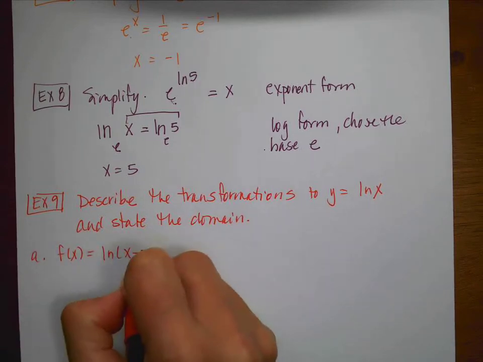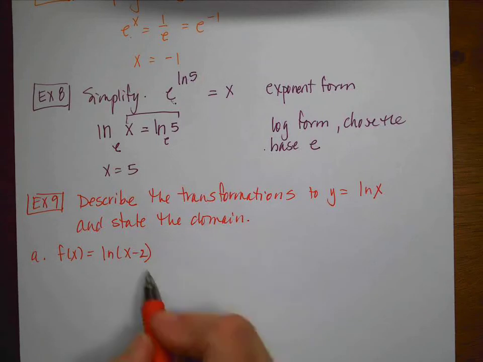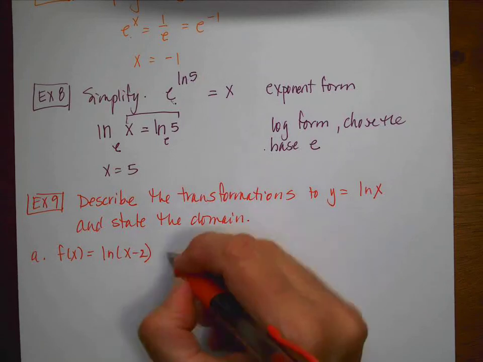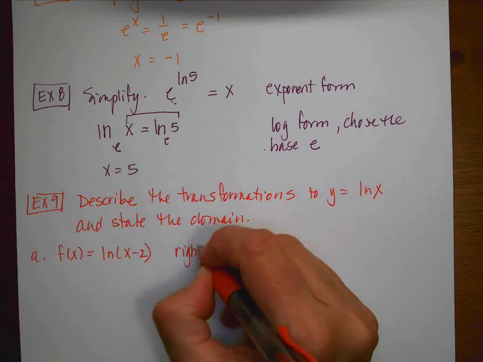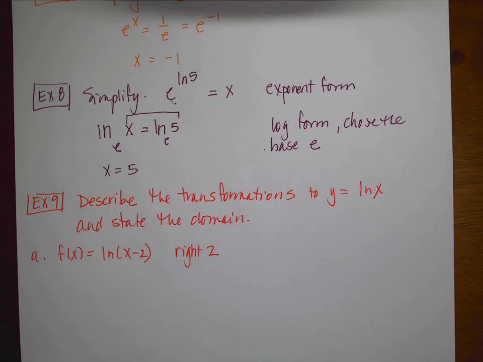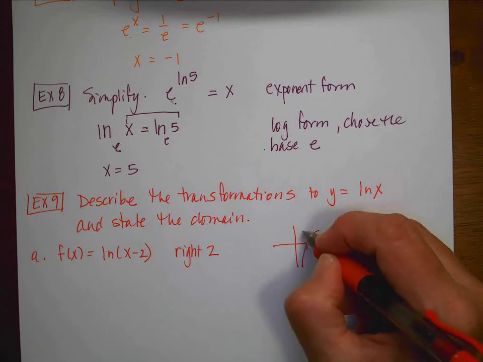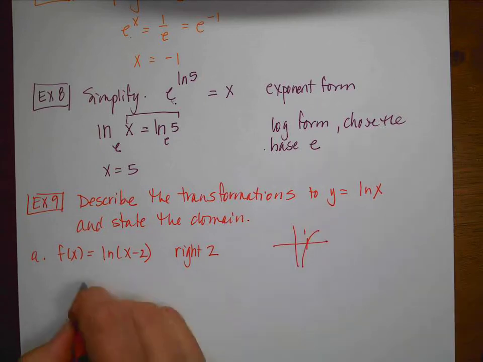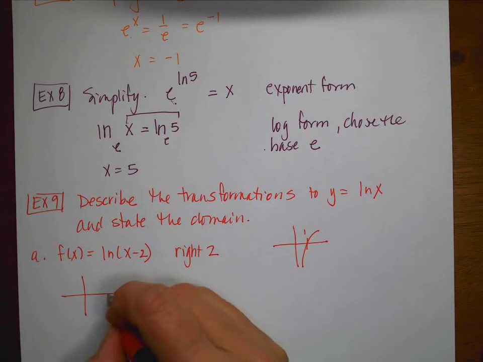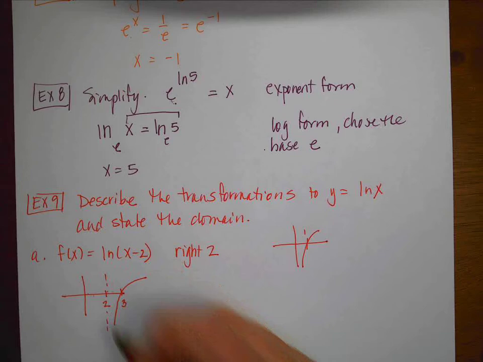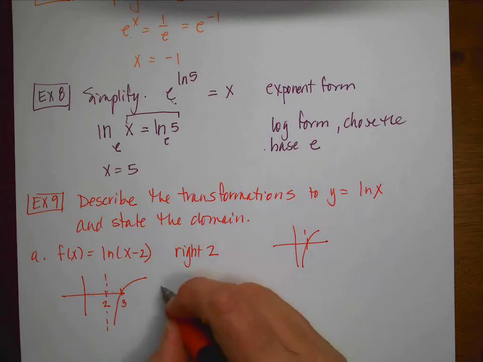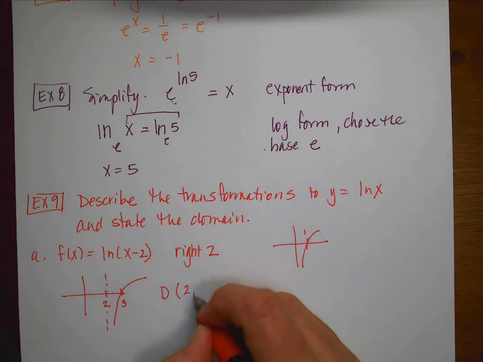Okay, so we're going to do a couple. The first function says f of x is equal to the natural log of x minus 2. The 2 is inside the function, so that means this is going to go right 2, remember it's the opposite sign. So if my original function looks like this, and I go right 2, that means now the vertical asymptote is at 2, and then if I originally crossed at 1 and I add 2, this is now going to be at 3.